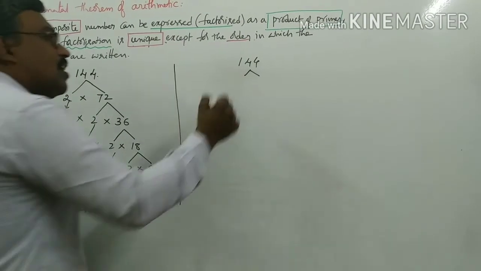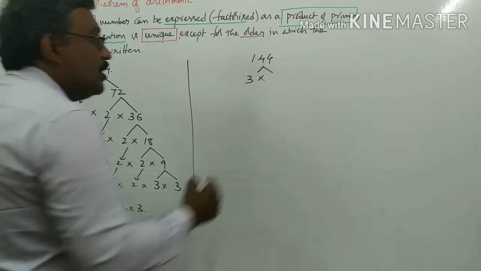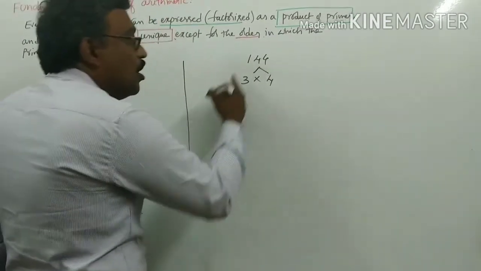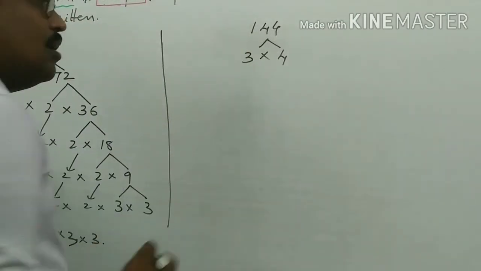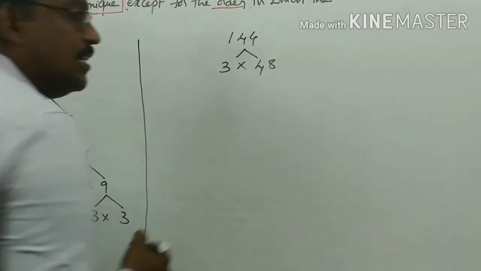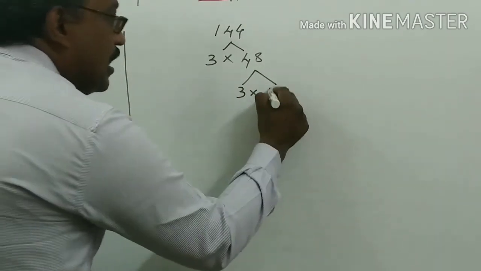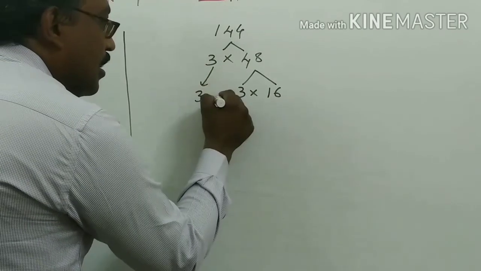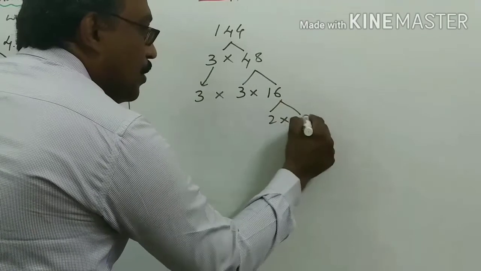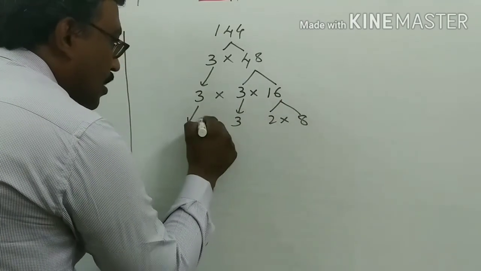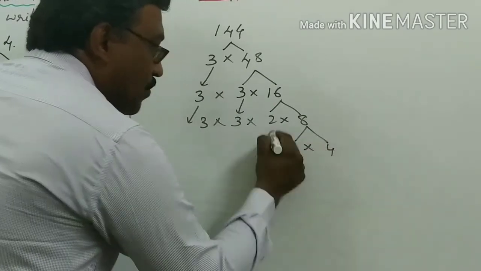Now I will start from 3. 3 4s are 12, 8 3s are 24, so 144 is 3 into 48. Again 3 table: 3 into 3 into 16. Then 2 table: 2 8s, 2 into 8, again 2 table, 4 times.